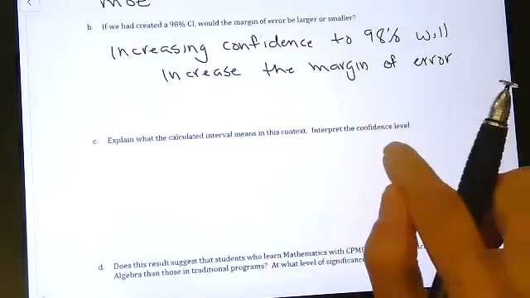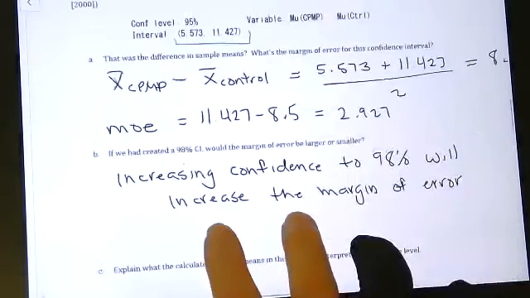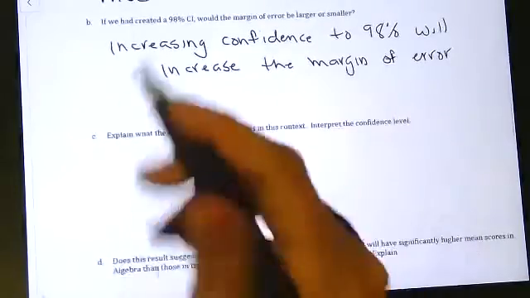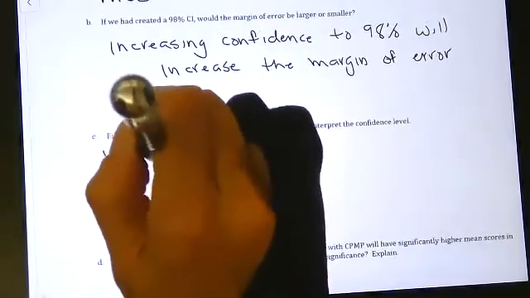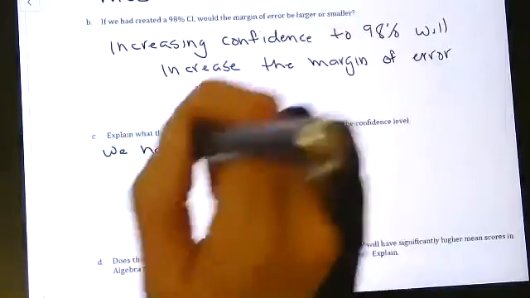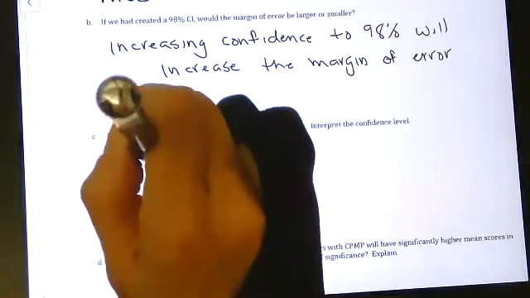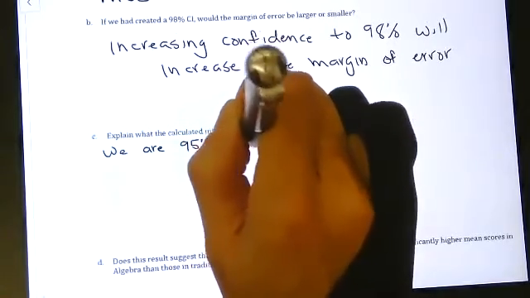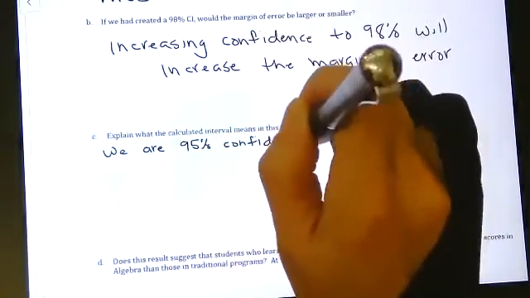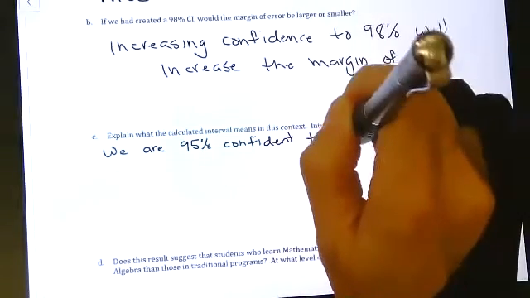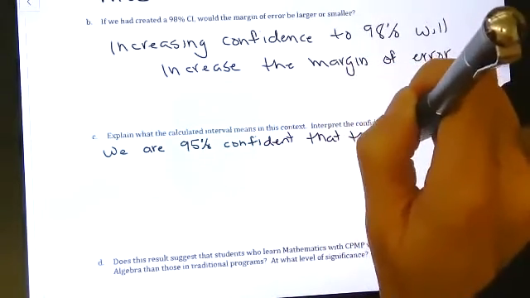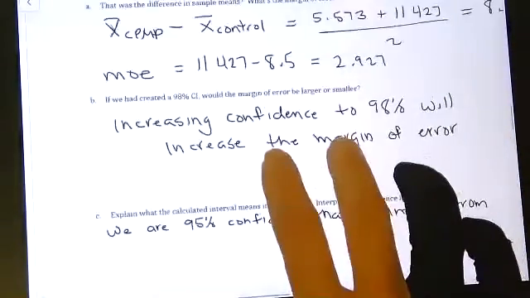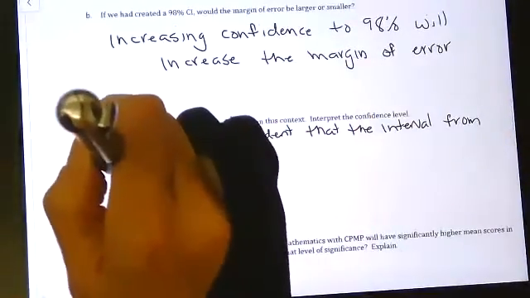So interpret the confidence level. So let's take a look at our confidence interval. What does that tell us? We are 95% confident that the interval from, what was it, 5.375?